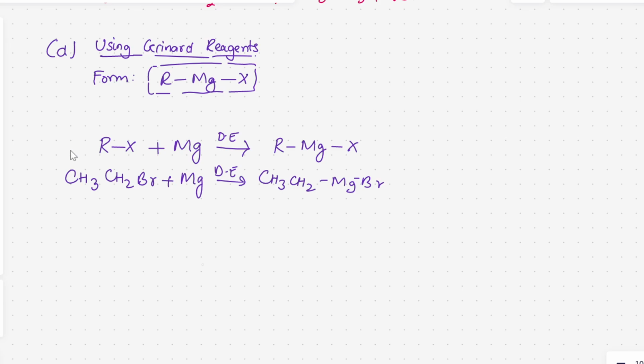Now we need to note the exact procedure as to how Grignard reagents would form an alkane. So we take this RMgX compound, and the C-Mg bond here, the carbon-Mg bond, is very polar, because the carbon atom attached to magnesium is more electronegative than magnesium.